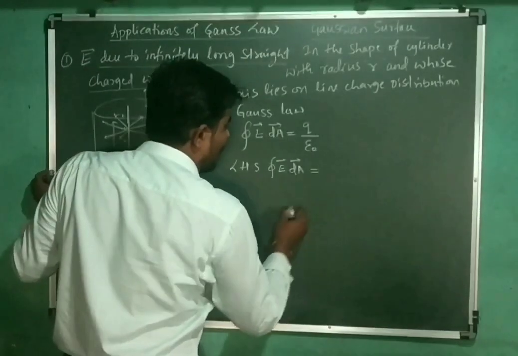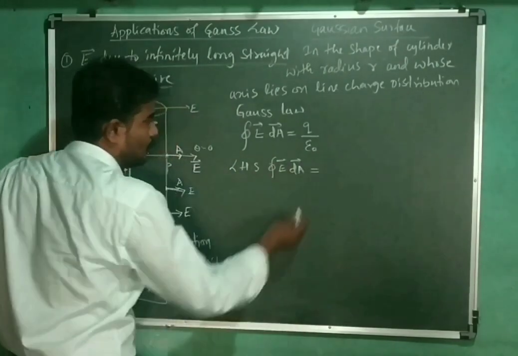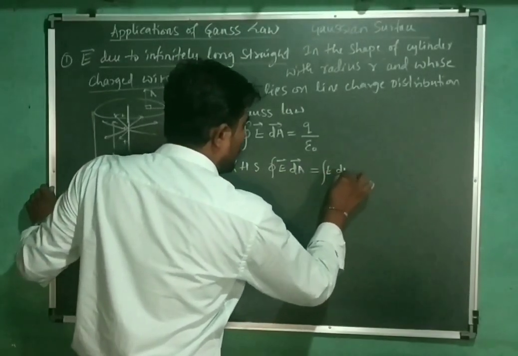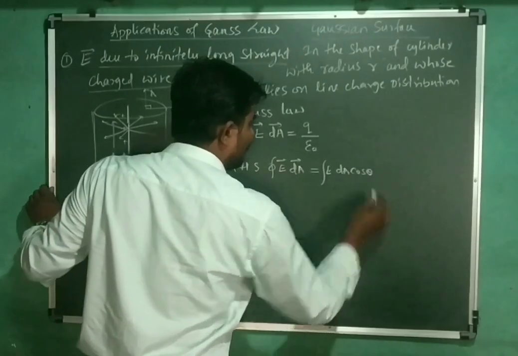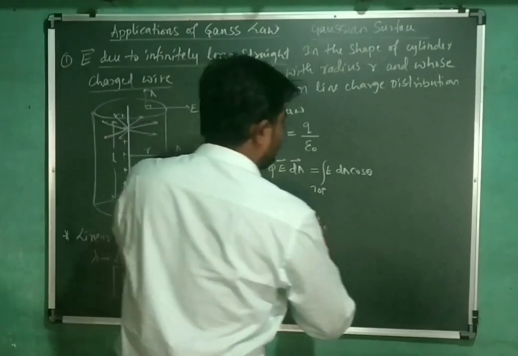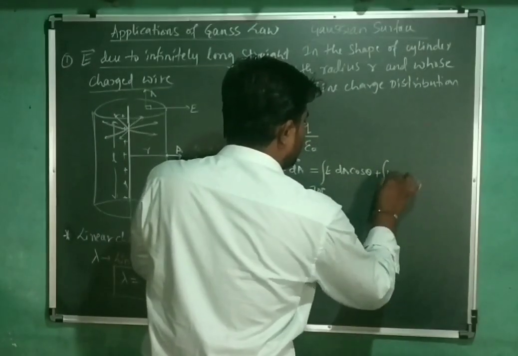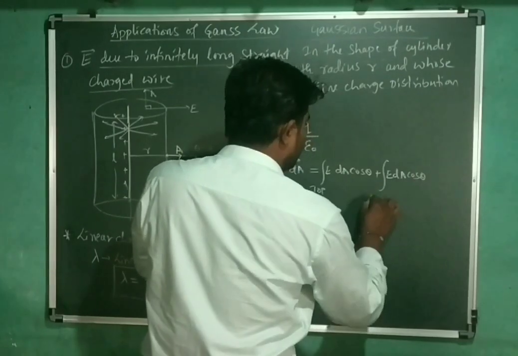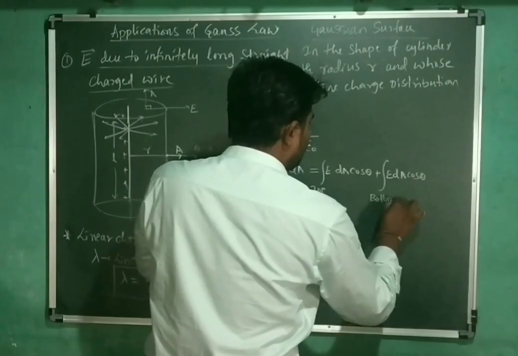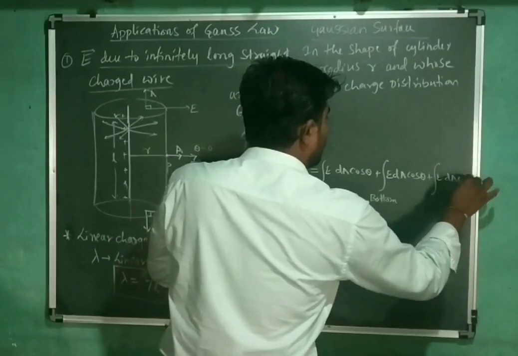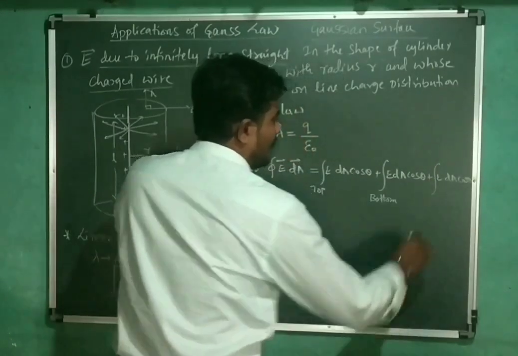We shall add all the three in order to get the total flux. This is integral E dA cos theta for the top surface or top plane, and the second one, integral E dA cos theta, once again this is the bottom, and the third one, integral E dA cos theta, is the curved surface.